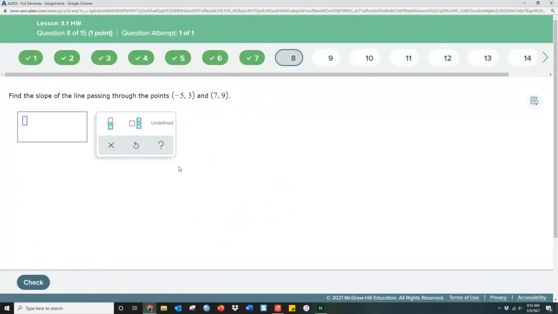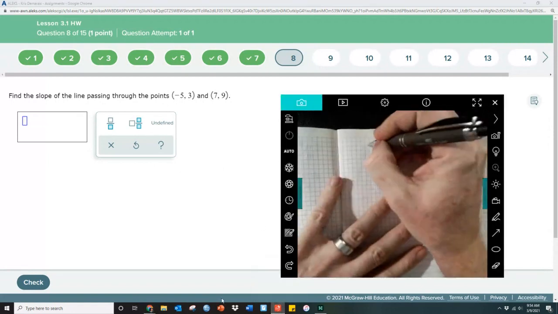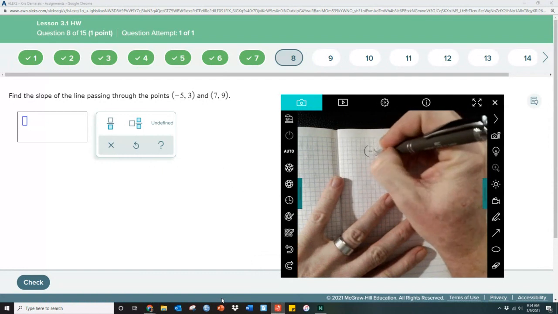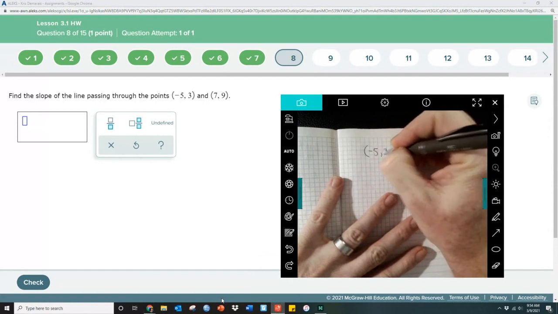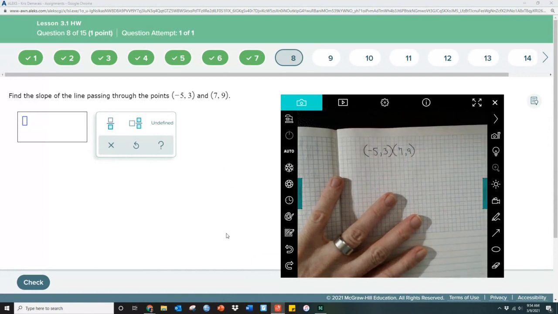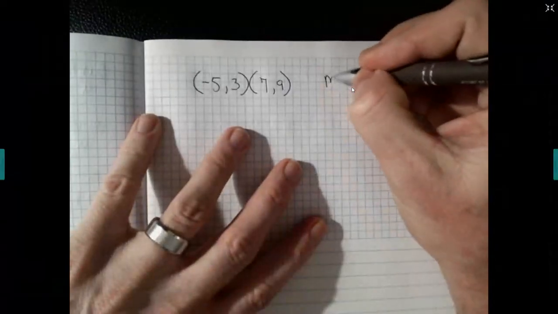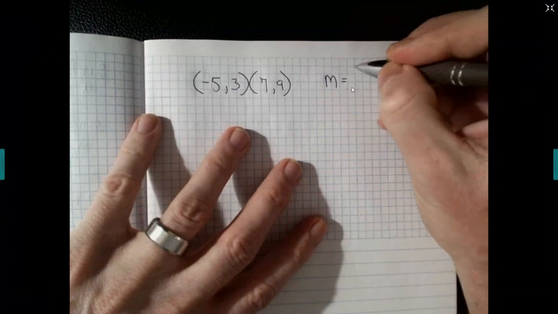Okay, here I'm going to do this by the old way of doing it. First, I have to recall what the slope formula is so I can recall where to put things.